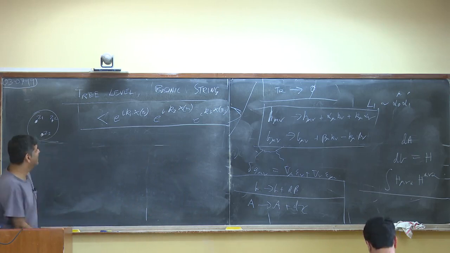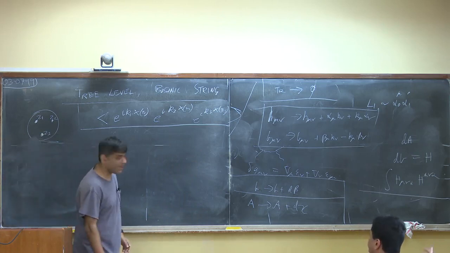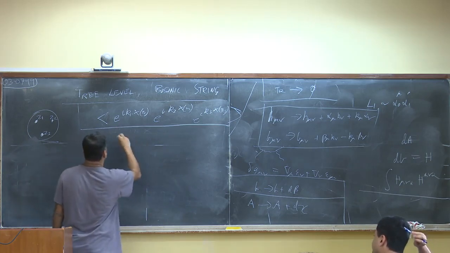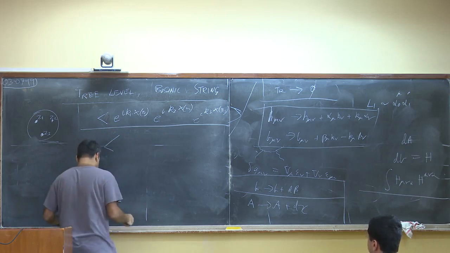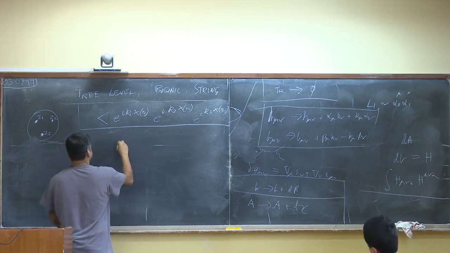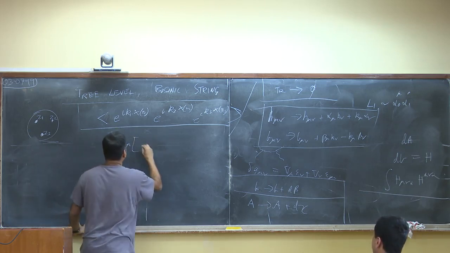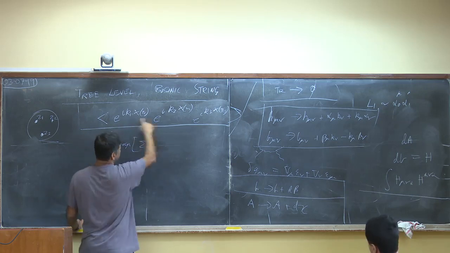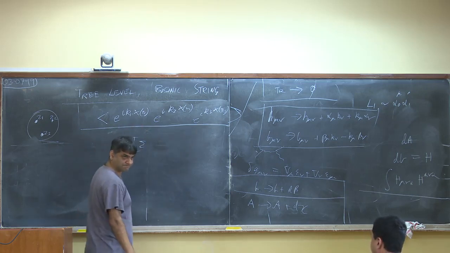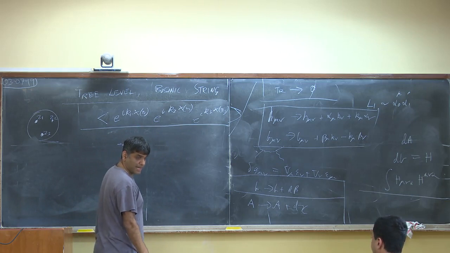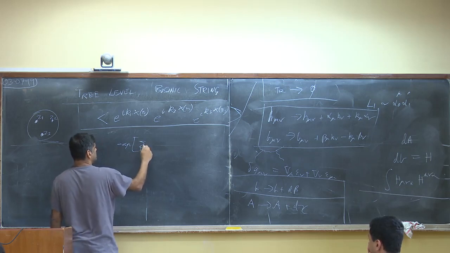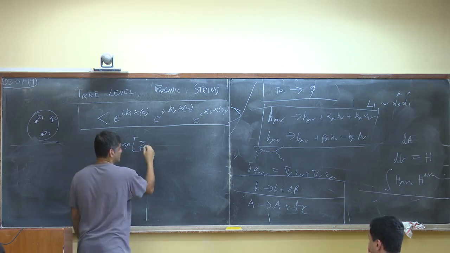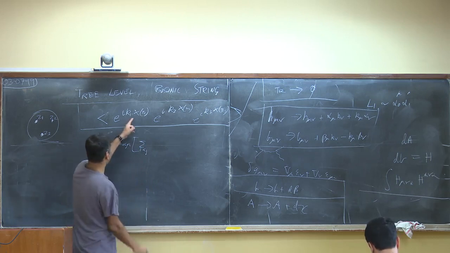Okay, so let's remember how that goes. This expectation value is the exponential of a sum over, in general, if you have many of these, every pair, i less than j, meaning k1, k2, k3.